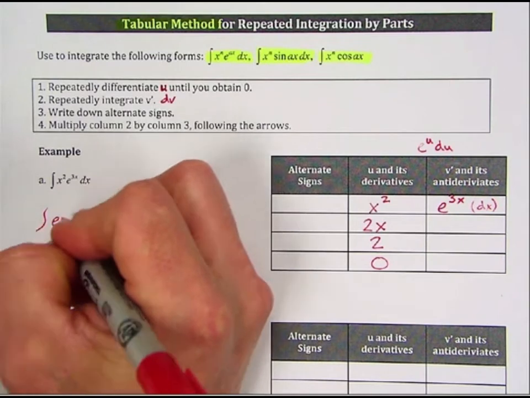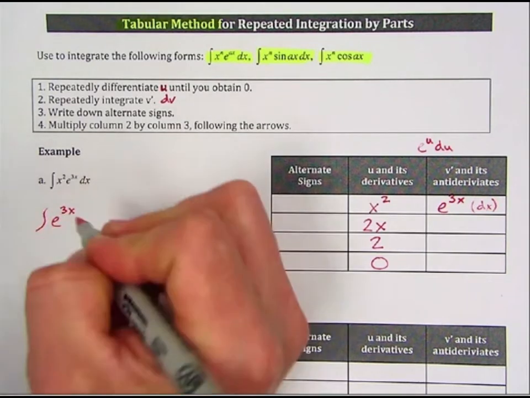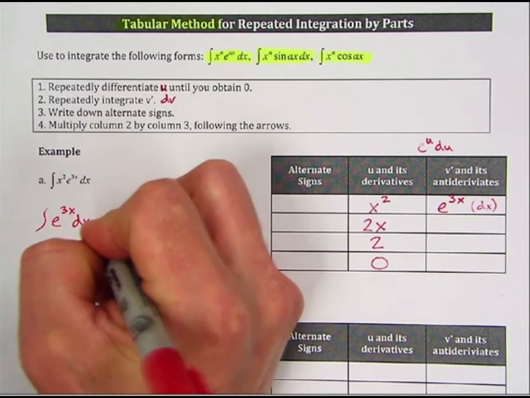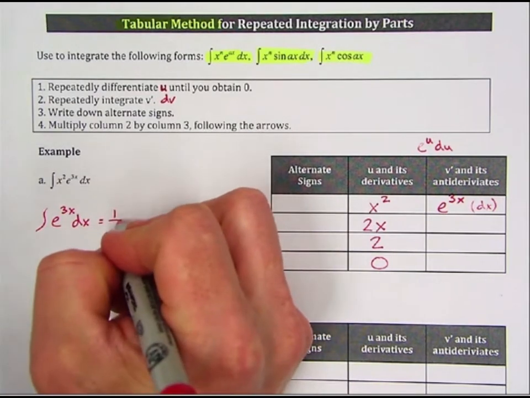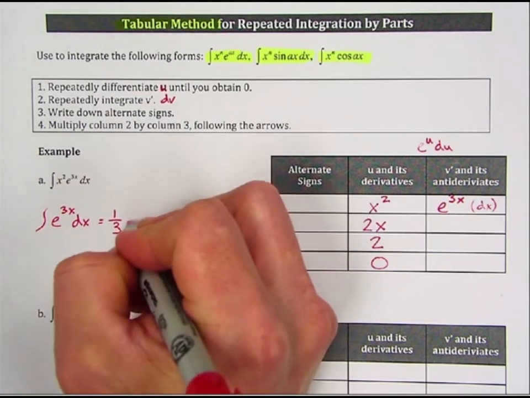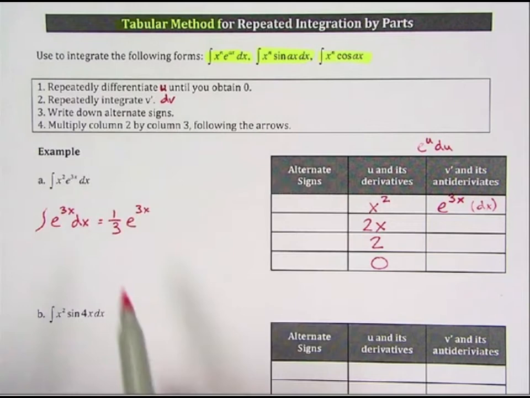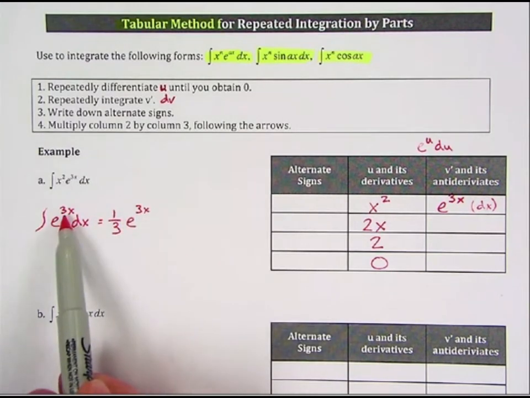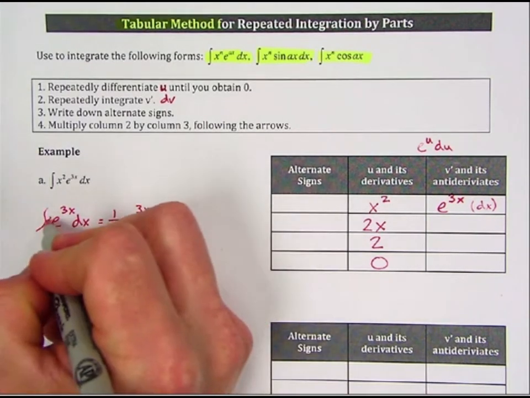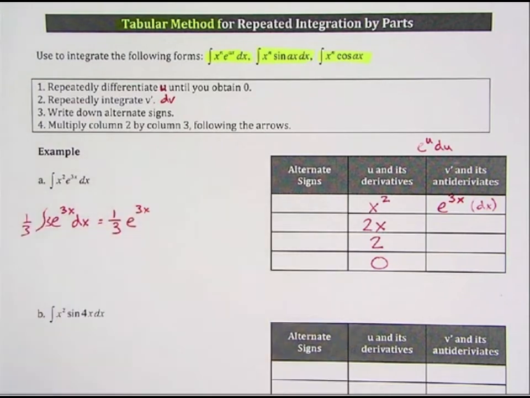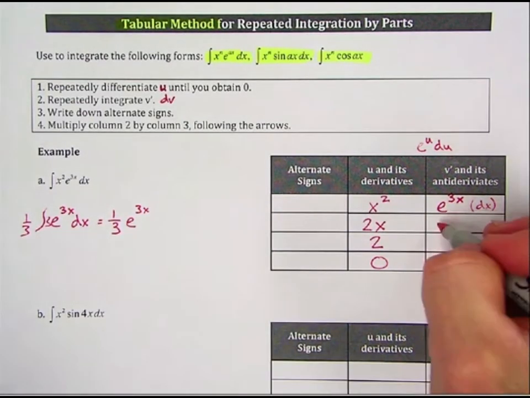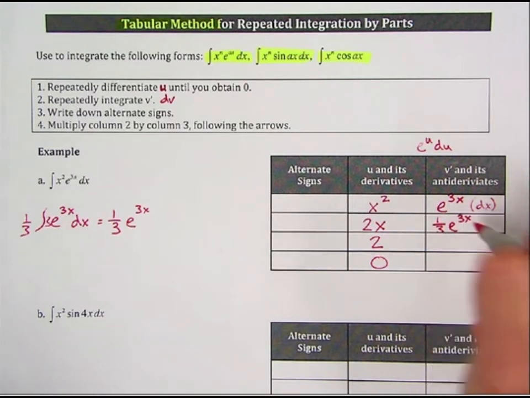So if we have the integral of e to the 3x dx, that's going to be 1/3 e to the 3x. So we see that du was 3. So we had to put the 3 in here and the 1/3 out here. So we do get 1/3 e to the 3x.